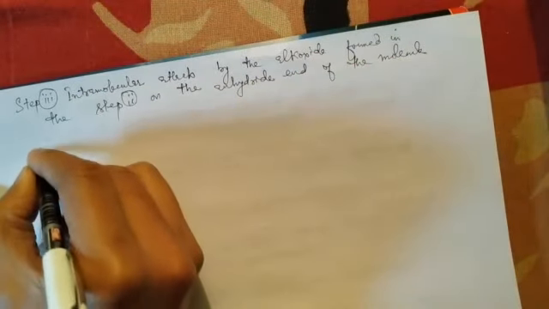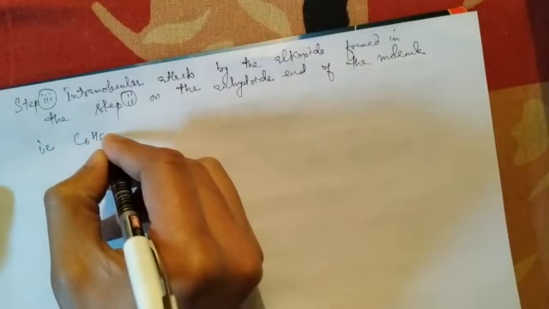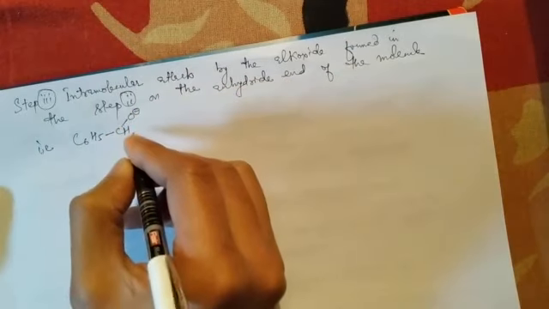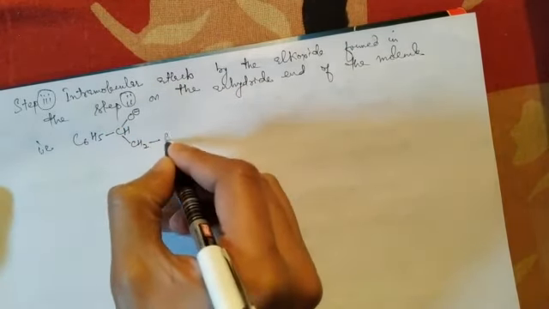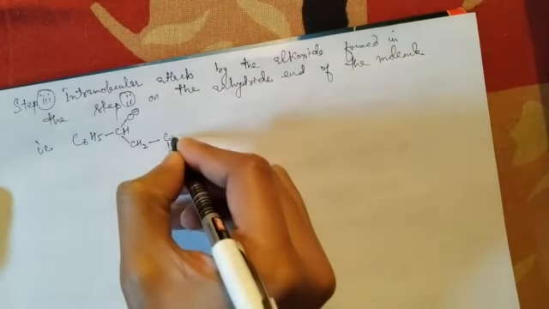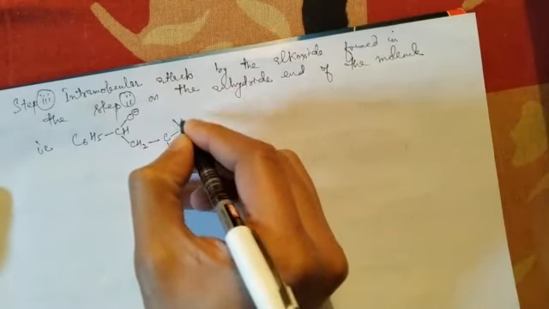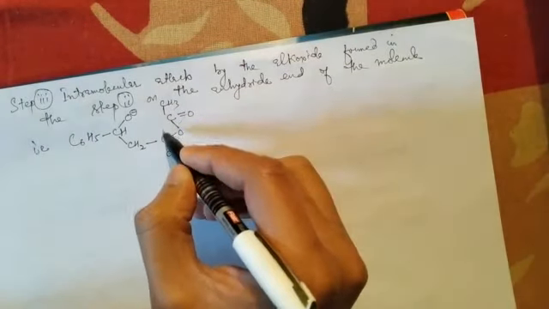That is, we may show it as, this was the alkoxide that was generated in step 2. Now this is the anhydride end.